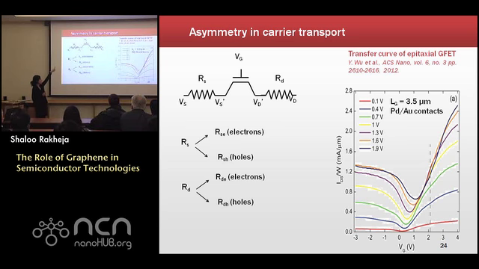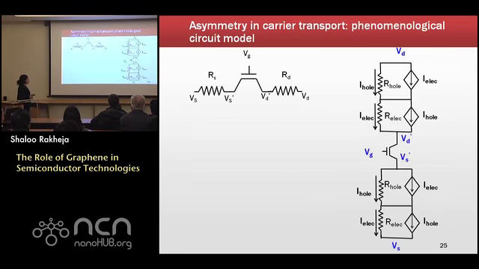The top picture over there is the graphene field effect transistor now connected to its source and drain resistances. Both RS and RD are different for electrons and holes. In our model, we have included 2 different resistances called R-elec and R-hole, which can be obtained upon calibration with the experimental data. I'll show you a phenomenological circuit model to capture this asymmetry.